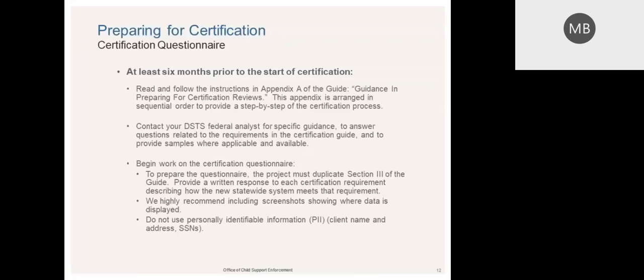This appendix is arranged in sequential order to provide a step-by-step of the certification process. Contact your DSTS Federal Analyst for specific guidance to answer questions related to the requirements in the certification guide and to provide samples where applicable and available.